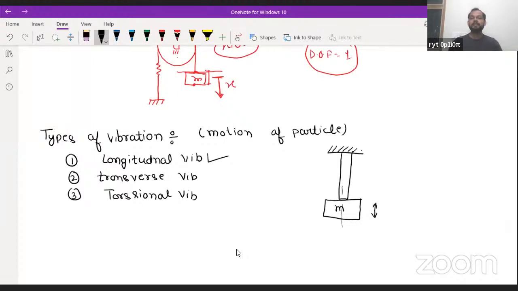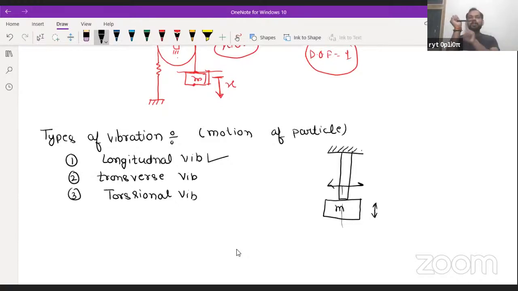And if it is vibrating like this, for example, this is one shaft and I displace this shaft and after that I release it, in that condition you will see the transverse vibration. You can see such type of vibration in case of a beam. Please take one steel scale and hold it on one side and deflect it at the other end and you will see that the scale will vibrate.